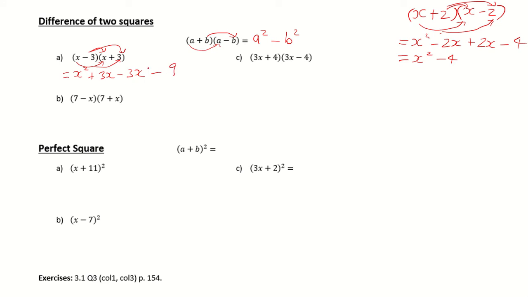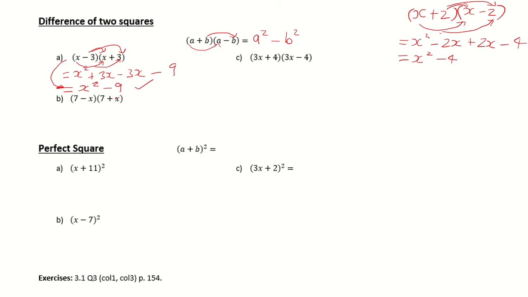And then be like, oh, they cancel out, so I've got x squared take 9. I'm not going to penalize you for writing out that middle step, but in a test, this is only going to be worth 1 mark. So to save time, you need to be able to recognize this pattern. This is the difference of two squares, and you can jump straight to the answer.